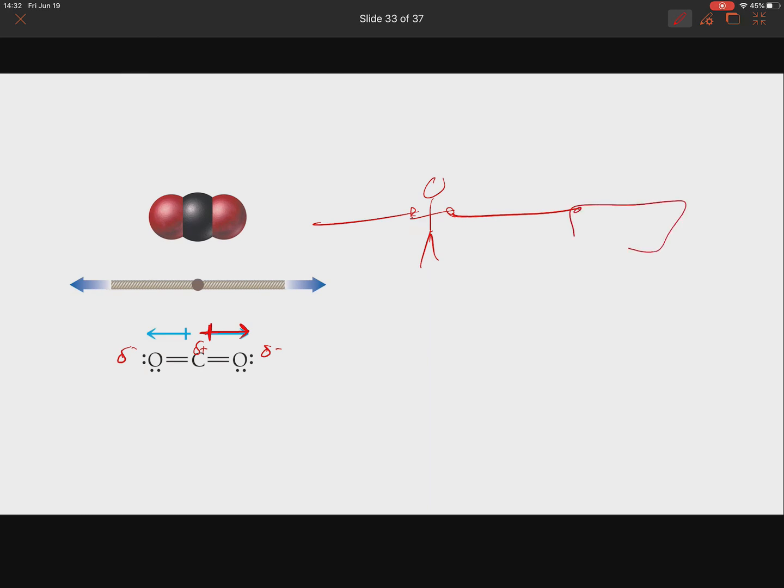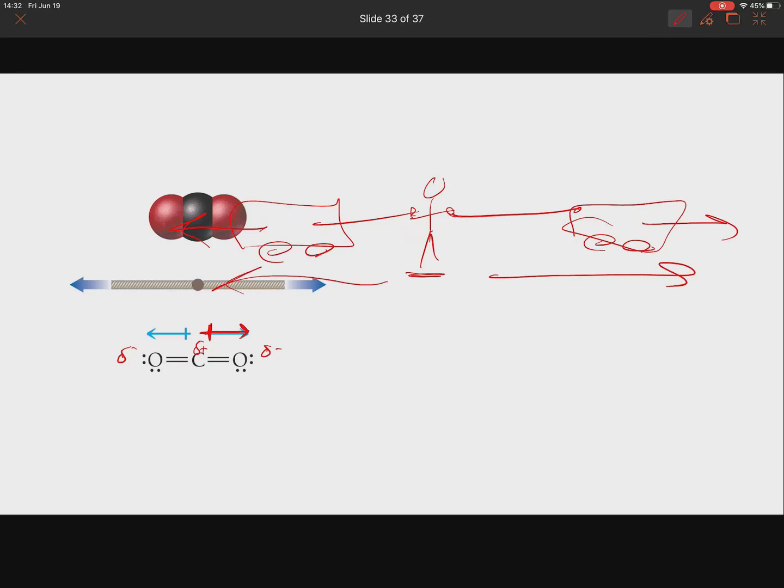Or 2 cars, one moving one way and one moving the other way. They're going to rip me apart. 2 carts that are not very strong, and they're both trying to pull in opposite directions. Well, what direction am I ultimately going to go in? If they're pulling the same in both directions, I'm not going to go anywhere, right? Because this direction cancels out this direction. And so that's what's happening here.